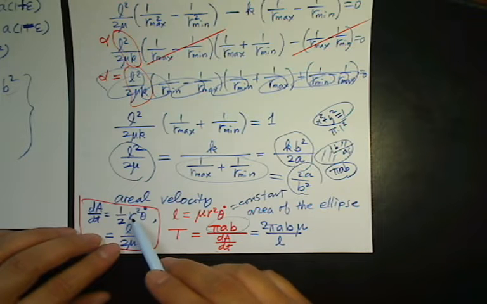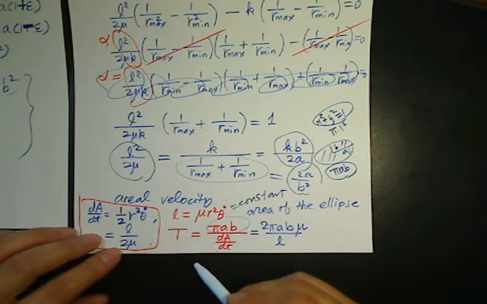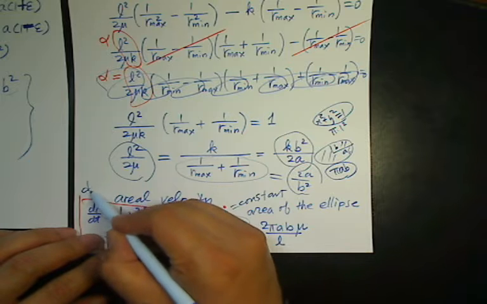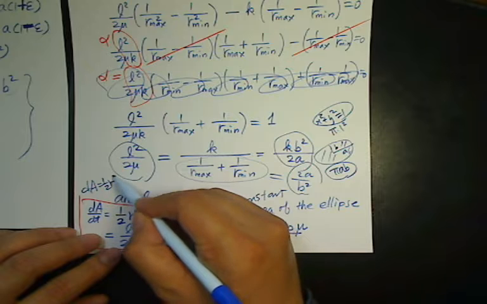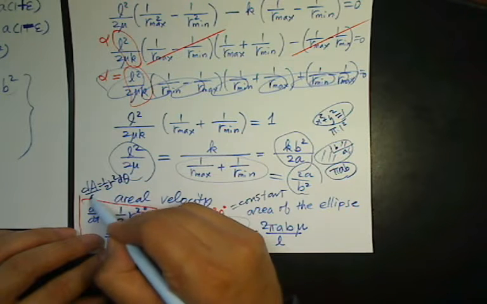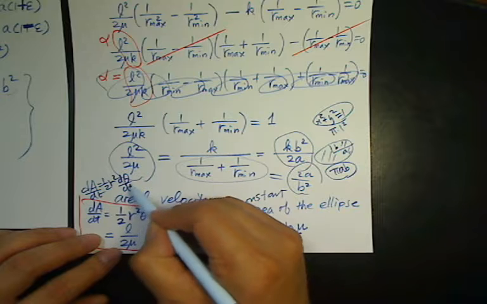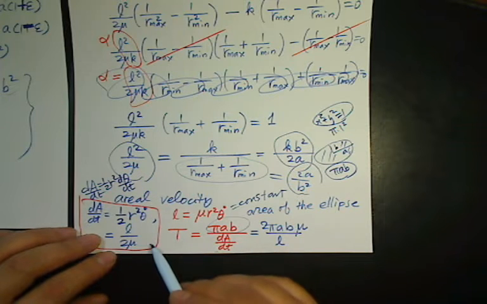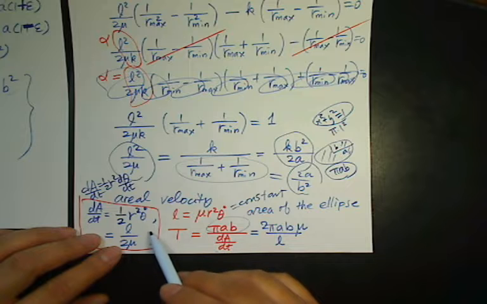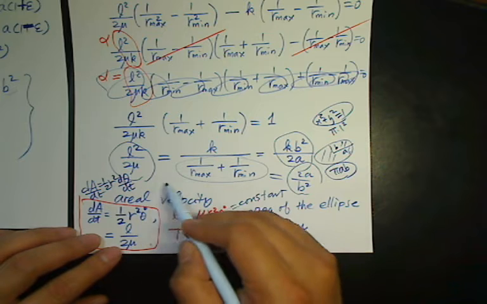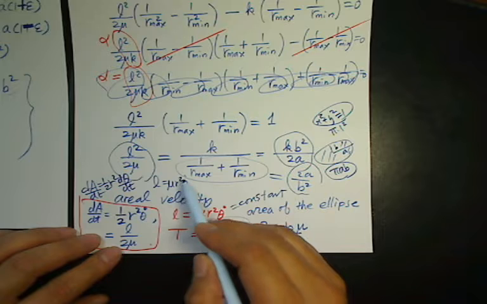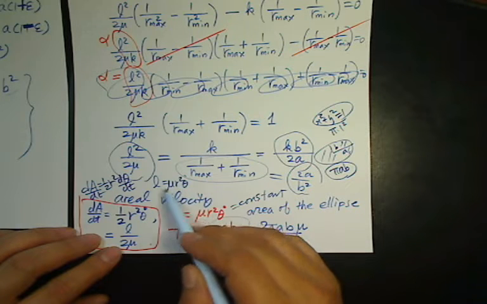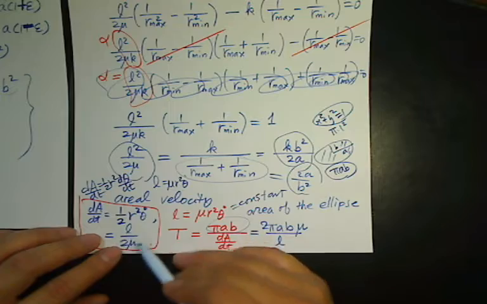That is 1/2 r squared theta dot, because the area of a sector is 1/2 r squared d theta, and if I take the time derivative, it becomes 1/2 r squared theta dot. Because the angular momentum is preserved, and orbital angular momentum L equals mu r squared theta dot, here r squared theta dot is L over 2 mu.